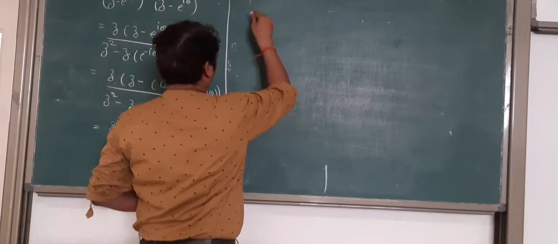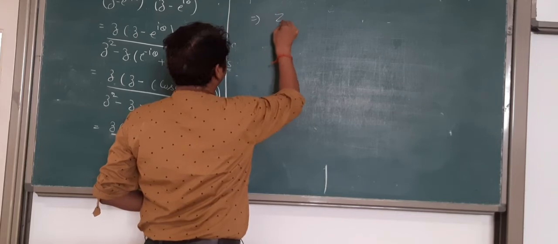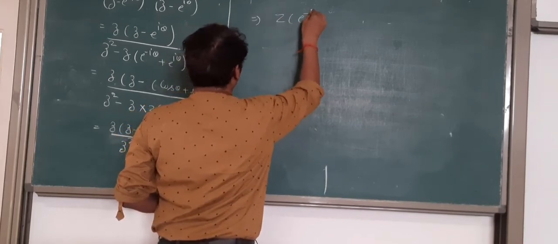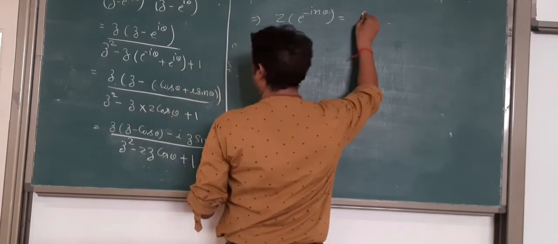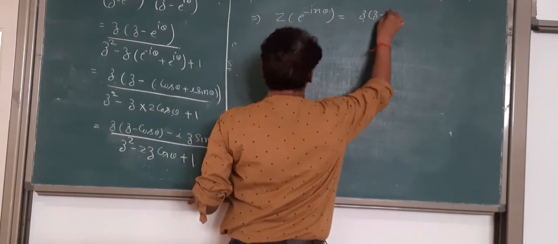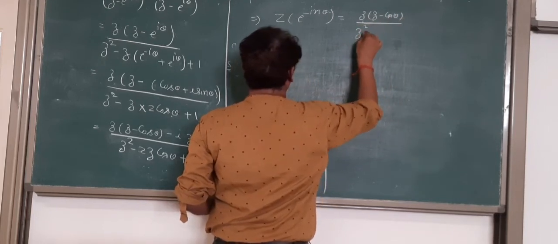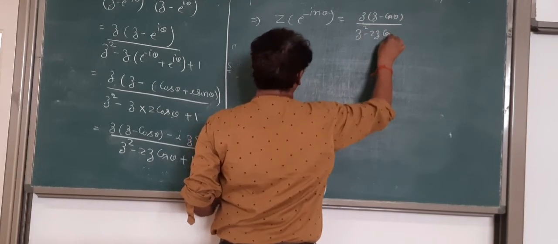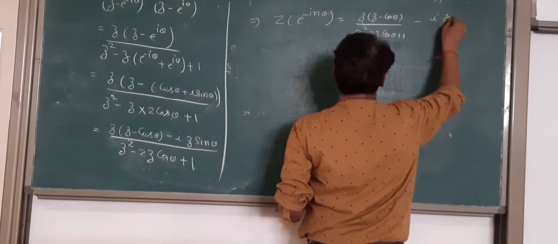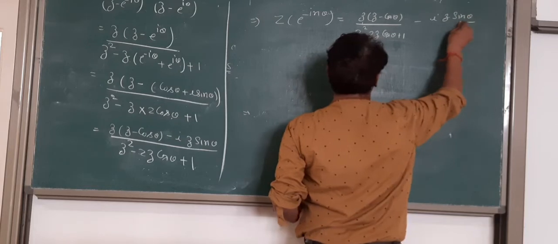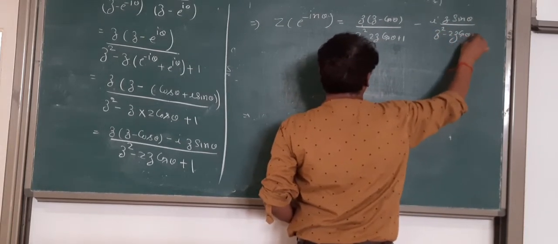So what do we have on the left hand side? Z of e to the power minus iota n theta, and on the right we have z minus cos theta upon z square minus 2z cos theta plus 1 minus iota z sin theta upon z square minus 2z cos theta plus 1.